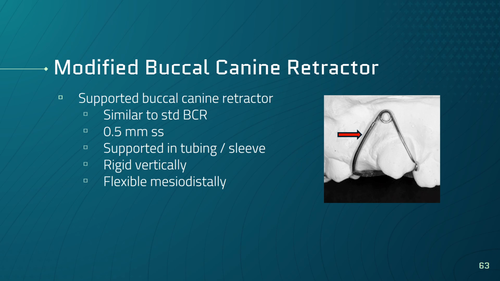Therefore, the posterior part of the spring should be supported in a tubing or sleeve. This makes the clasp or retractor rigid in the vertical plane, but it's flexible mesiodistally. And this is important because the canine is going to be moved mesiodistally.